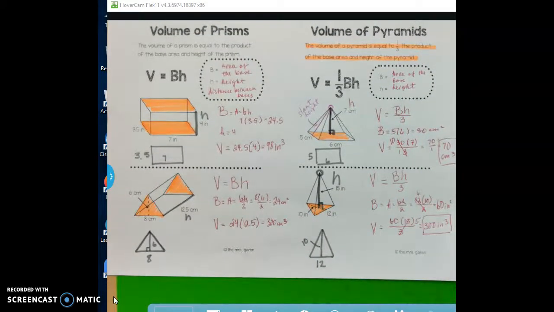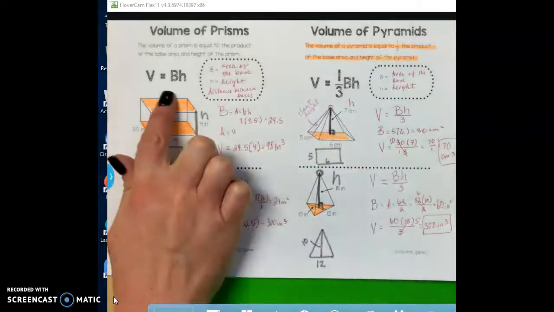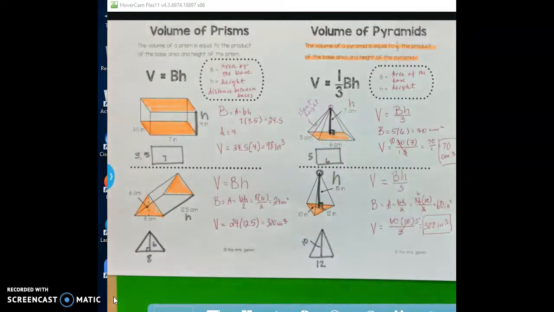Please make sure that you're watching additional videos for today just to see how these two formulas have proven themselves in a little experiment comparing the volume of these two shapes. Make sure you're reaching out with any questions and practicing working with volume of prisms and volume of pyramids.